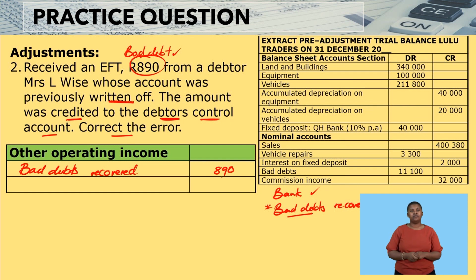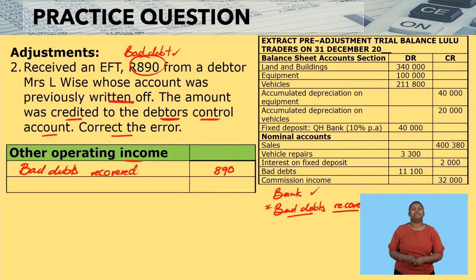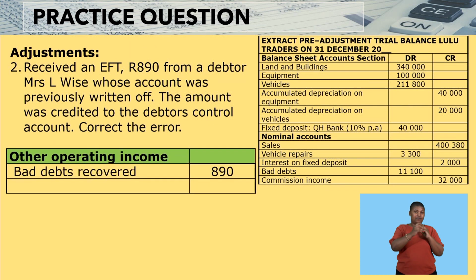In today's class, we are not doing the statement of financial position. I'm only showing you how we record it in the statement of comprehensive income. We record it as bad debts recovered under other operating income. Let us now go to adjustment number 3.